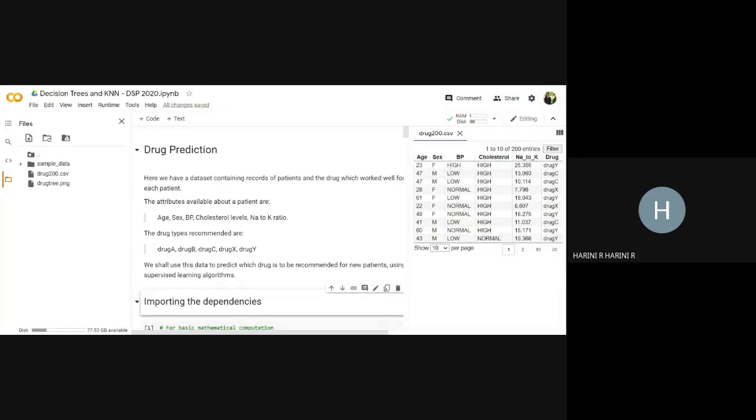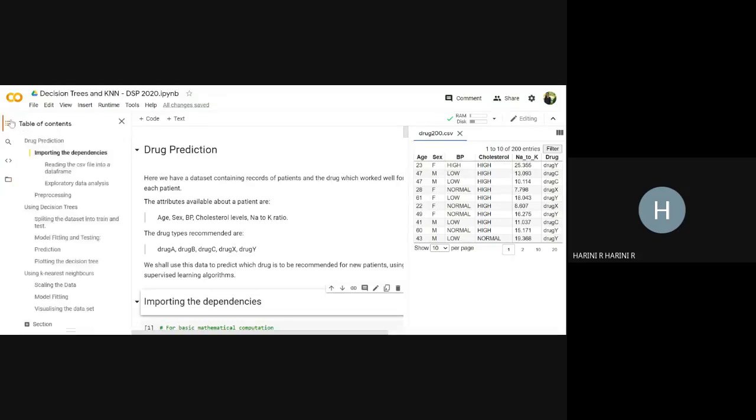So we are going to use this data to train our decision tree classifier such that if you're given a new patient record, it should be able to tell us which drug to recommend to that patient. There are 5 drug types in this data set: drug A, B, C, X and Y. So it will tell us which one of these drugs should be recommended to that particular patient.